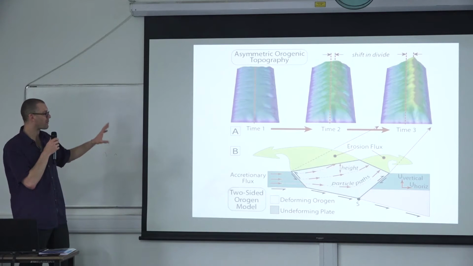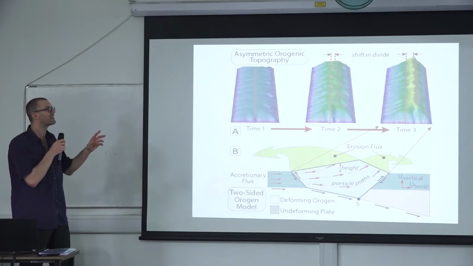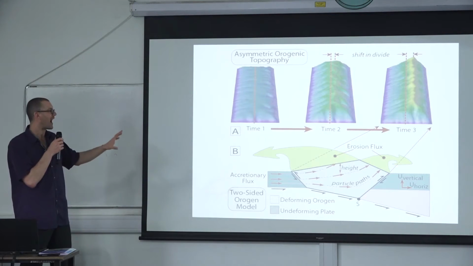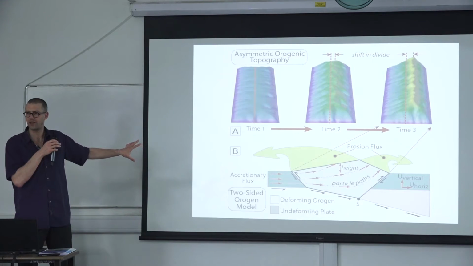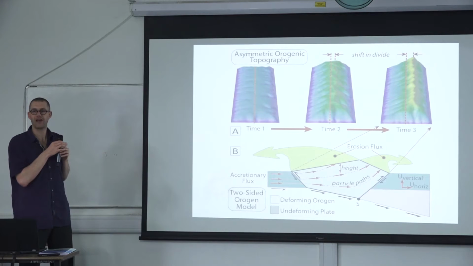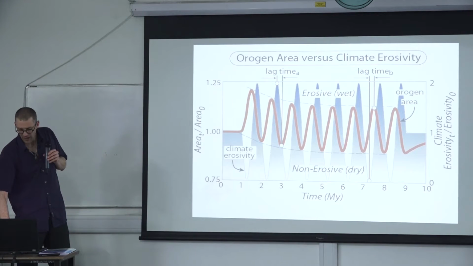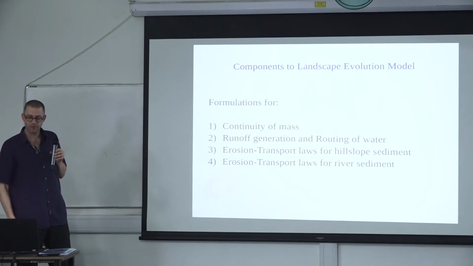A few years ago, we published something in Geology, Georgi Grujic and I, and we think that may be an explanation on how the syntaxes have formed, but I have not seen a field-based study that would support this fully. So it's a nice modeling exercise, I usually call it. Okay, I talked about this. Okay, let's dive into the details of some of the landscape evolution models.